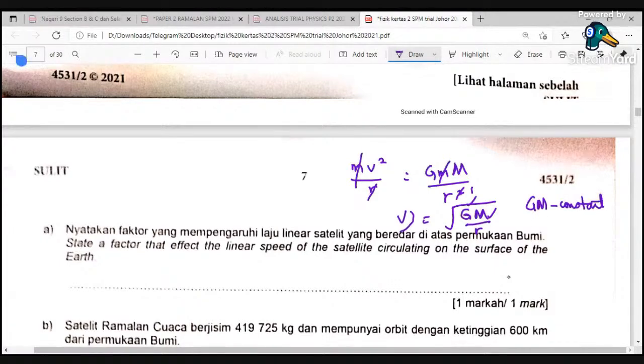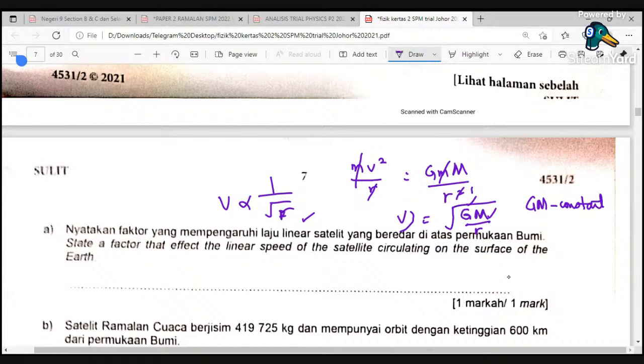So if GM is constant means relationship between v and r is like this. Okay, v directly proportional to 1 over square root of r. Okay, so means the only factor that affect is radius of orbits.